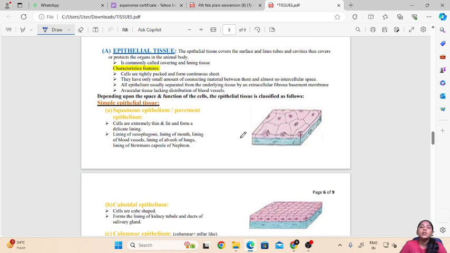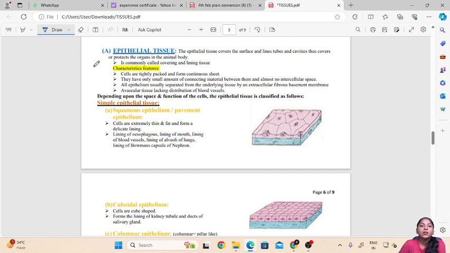Now epithelial tissue usually forms a covering to various organs or parts of the animal body, and also it covers the surface of the animal body. Its function is mainly protective. It protects the animal body from outside surroundings, from wear and tear.